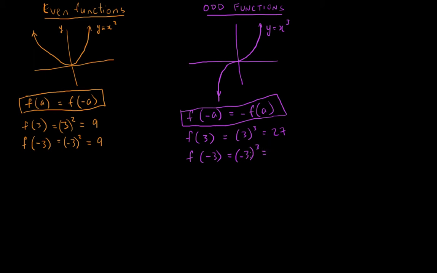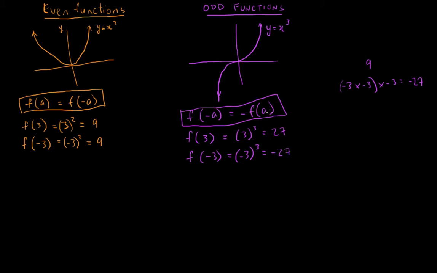Well, remember negative 3 cubed is minus 3 times minus 3 times minus 3. Minus 3 times minus 3 is 9, times another minus 3 gives me minus 27.